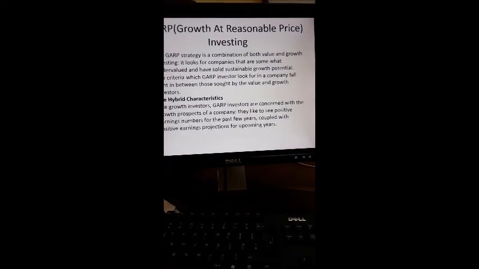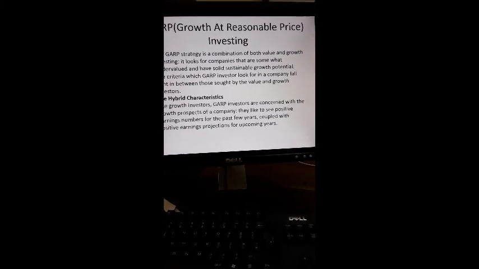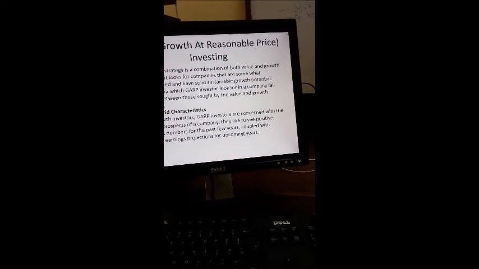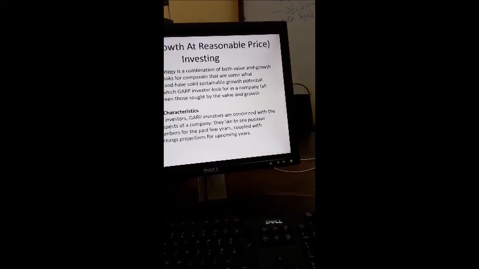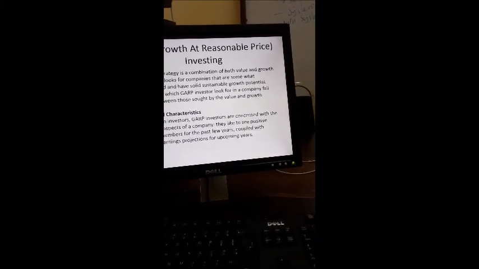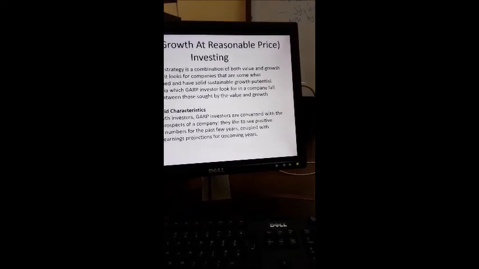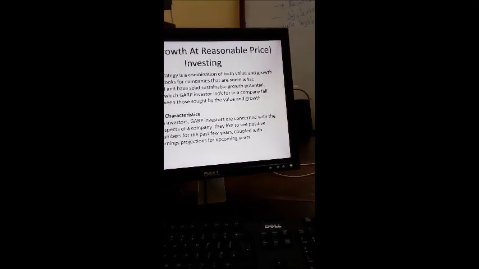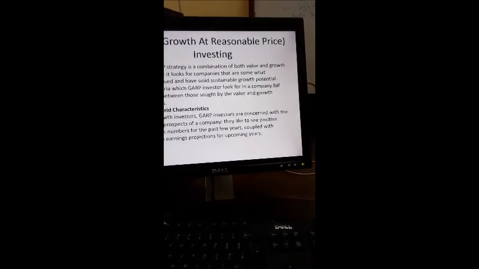Growth at reasonable price investors look for companies that fall right between value and growth investors, so they are looking for hybrid characteristics. They are concerned with the growth prospects of the company. They like to see positive earnings for a number of past years, coupled with positive earnings projections for the upcoming year.